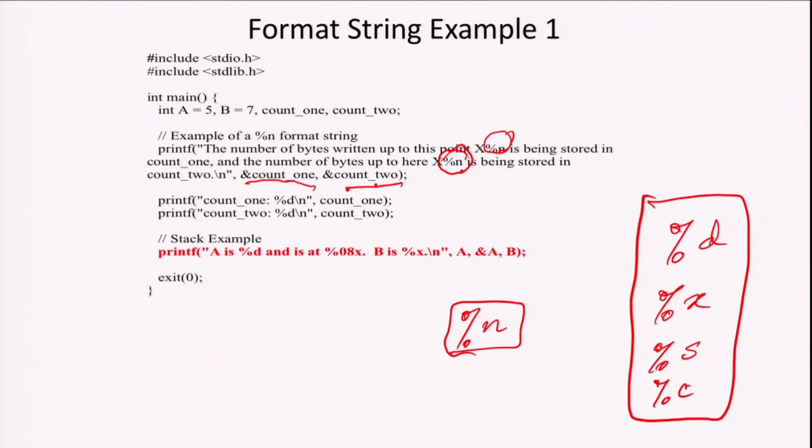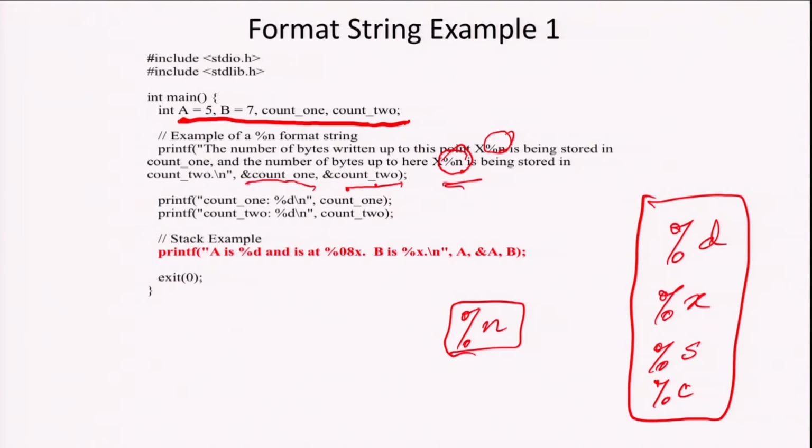In this contrived example, you have 4 variables: a, b, count1, and count2, and I am having a printf with %n in 2 places. In the first place, count1 will count the number of characters written up to this point, and count2 will count the number of characters written until this point.